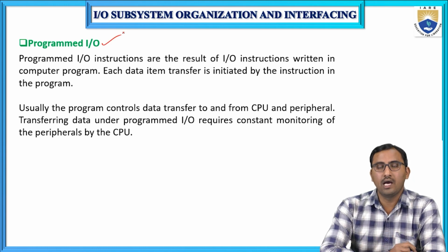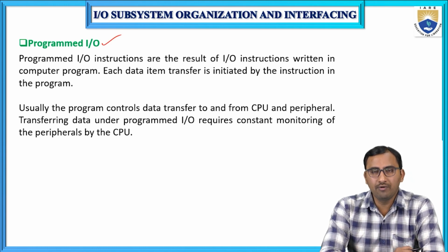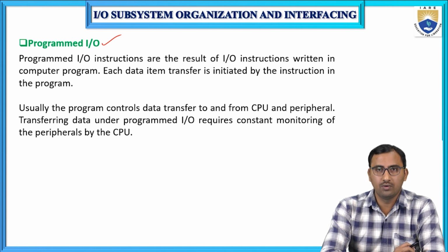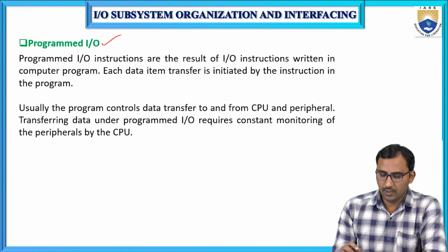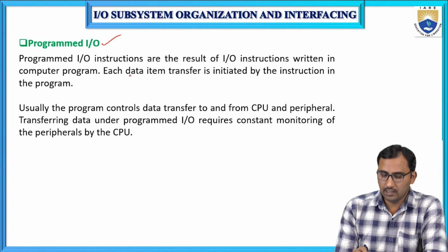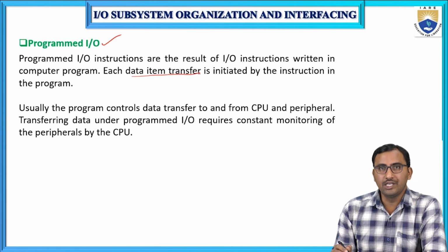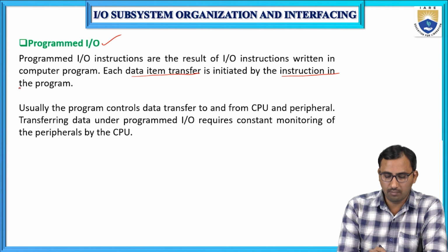So first one is programmed I/O. In this type of programmed I/O, the data transfer will be initiated upon executing the instructions of the program. So here the data transfer will be initiated by executing the instructions of the program.